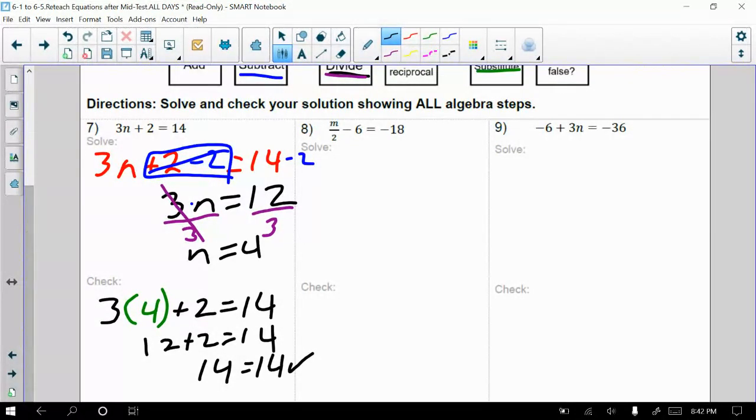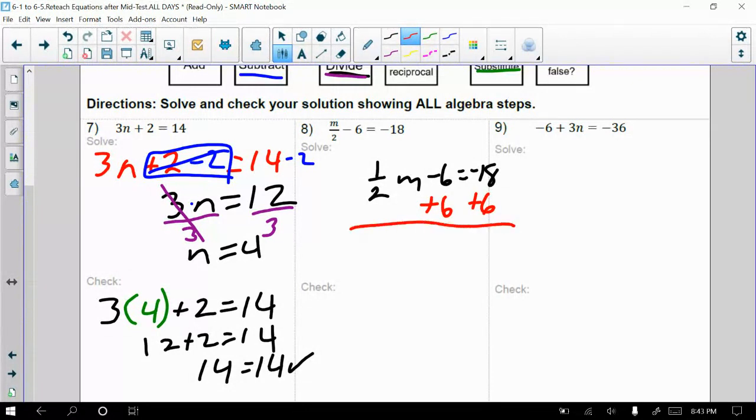All right, so let's look at 8. I'm going to rewrite it just so that we can see clearly, as a half m minus 6 equals negative 18. Okay, my first job, it's subtraction. What's the opposite of subtraction? Addition.